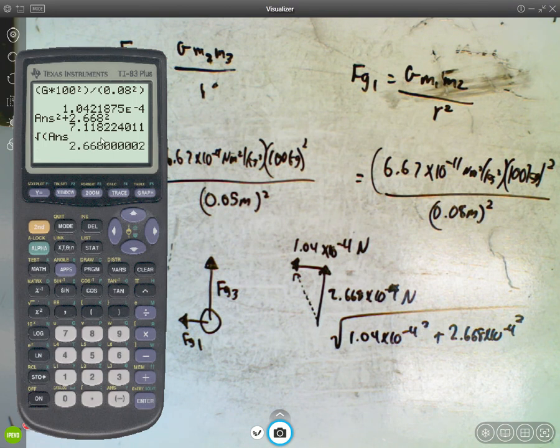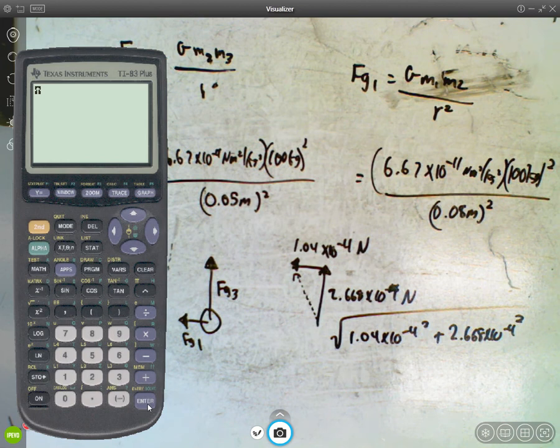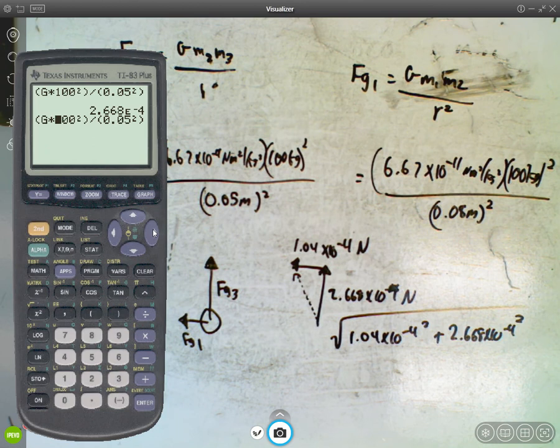Oops, I just did 2.668. Oops. Shoot. Let's try that again. Okay, that's the first one. And then this is the second one. Sorry, this is an old calculator, so I can't just grab the answers.